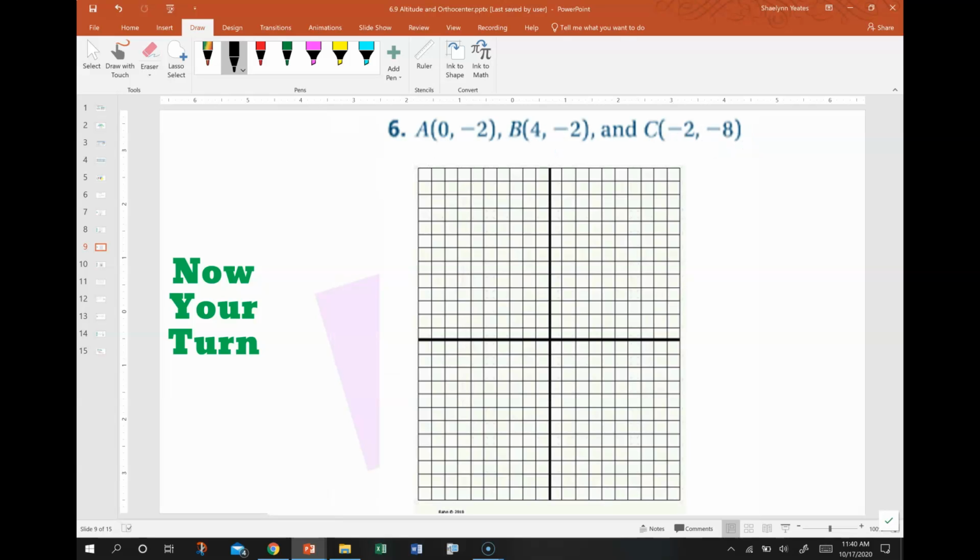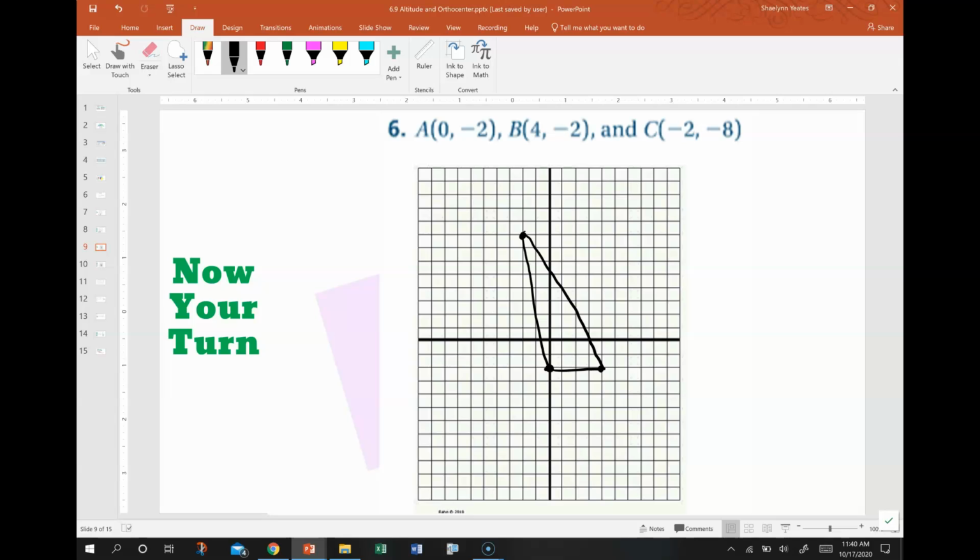And then let's see how this one turns out. So we do 0, negative 2. This one's going to be a tad bit harder, because all of a sudden you have an obtuse triangle.